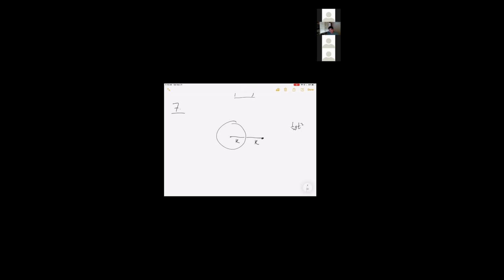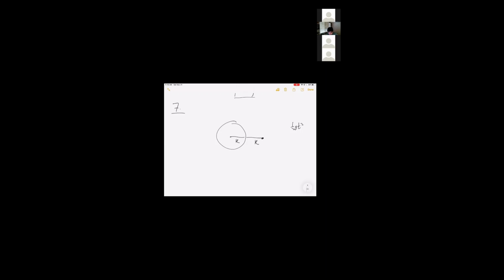So any ideas on how to do this question? Maybe just put some ideas in the chat, and then we'll go over the actual method. G is a function of time. Yes.